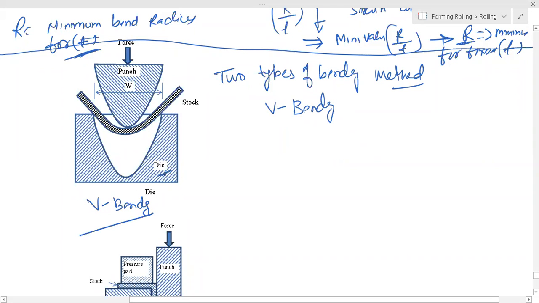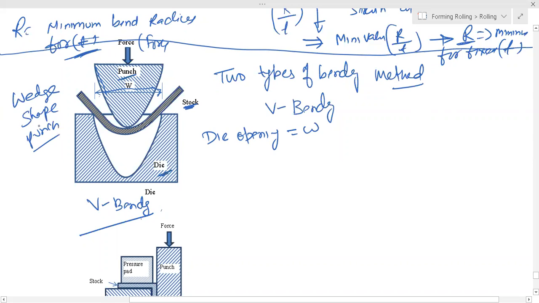Now this is your die. This is your punch, and this W we call the die opening. Die opening is W, and finally this force will be applied, and the punch will bend this strip. This is your wedge shaped punch.